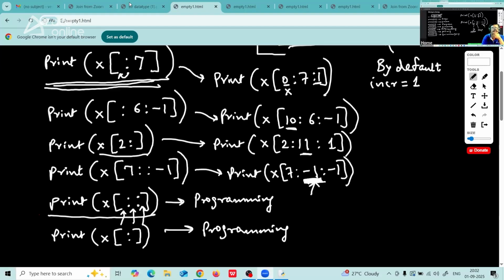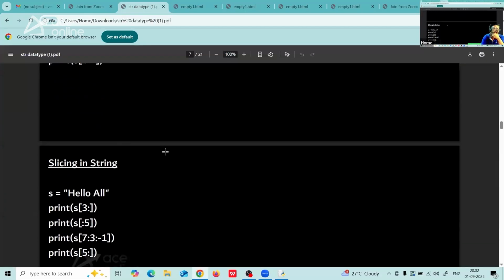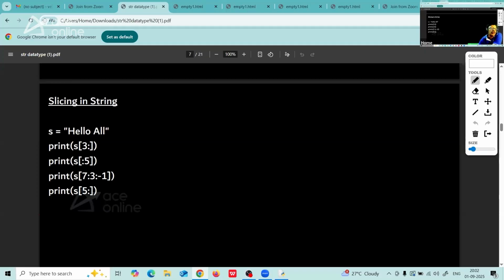So I have got some exercises for you. And now, see, this is the string, hello all. Even the space is included in the string. And you have to tell me what will be the output in the chat due to these 4 statements. Okay. Now, indexes are 0, 1, 2, 3. You see, there are 2 L's.